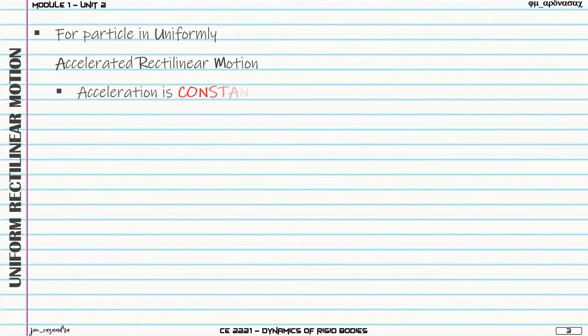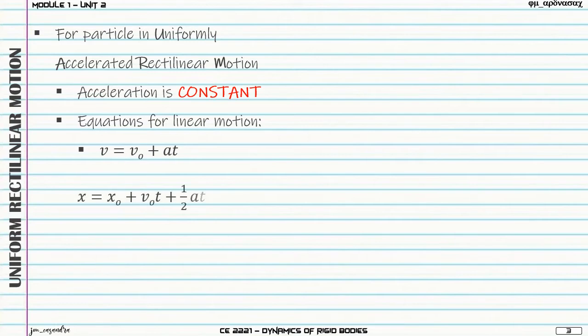The acceleration will always be constant for this type of motion, and the equations for linear motion of UARM are v is equal to v sub o plus at, x is equal to x sub o plus v sub o t plus 1/2 at squared, and v squared is equal to v sub o squared plus 2a times x minus x sub o.